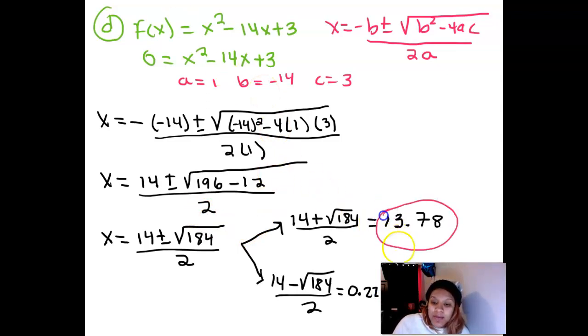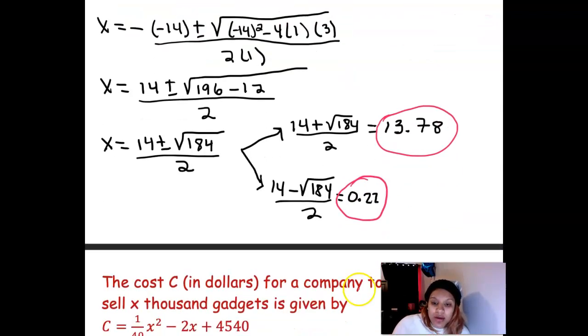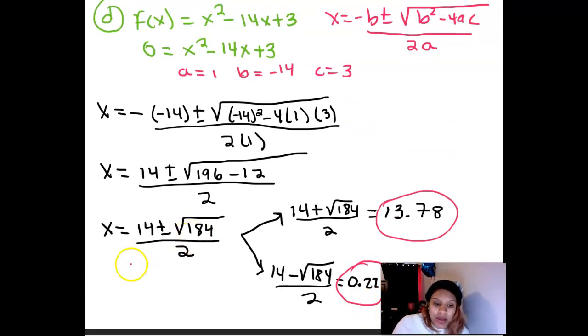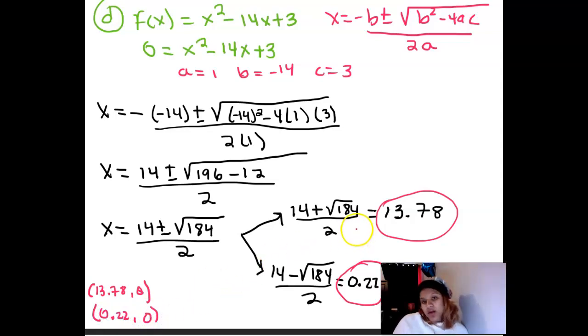Now we can write them as coordinate points: 13.78, 0, and 0.22, 0. All right, so you have the two values of x and here are the coordinate points.